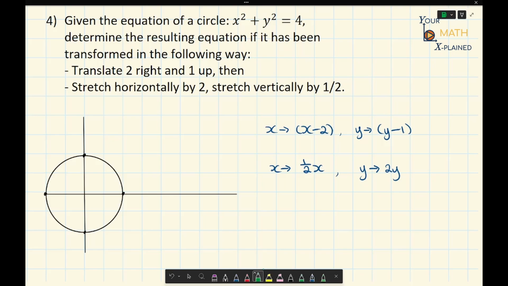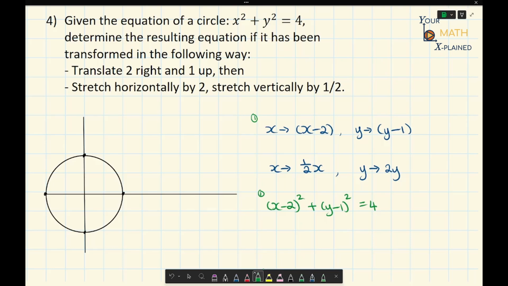So we start with x squared plus y squared is equal to 4. And then if we put in our replacements, we're going to get (x minus 2) squared plus (y minus 1) squared is equal to 4. So this is our first replacement.